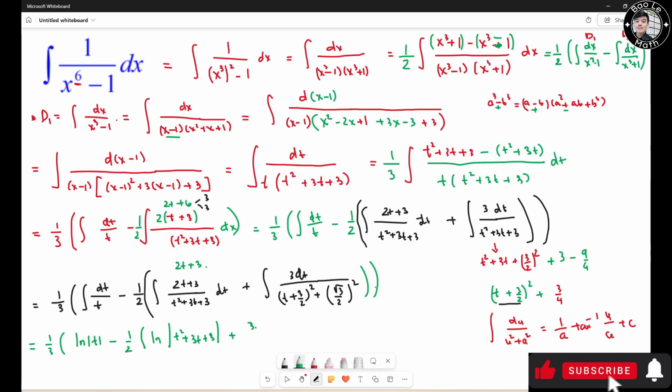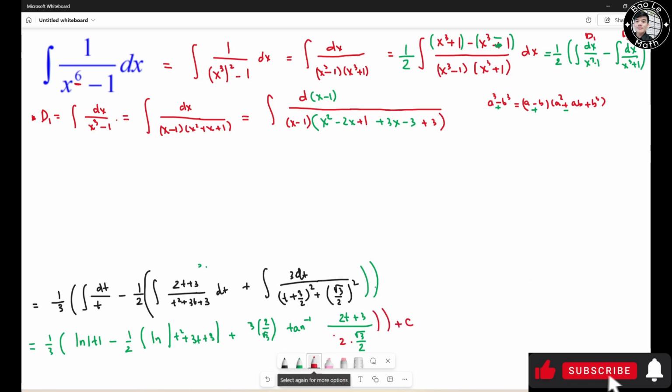So this turns out to be 3 times 2 over root 3, tangent inverse of t plus 3/2, which is 2t plus 3, over a, which means root 3 over 2, and you have 2 right here, right? So now we need to simplify this one right here.